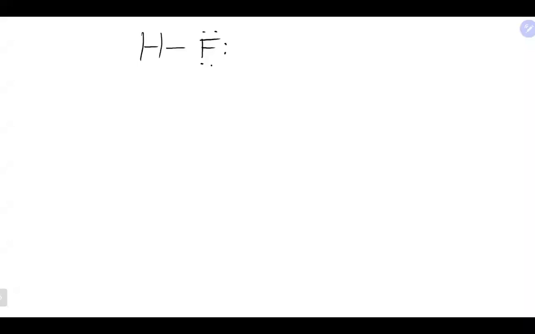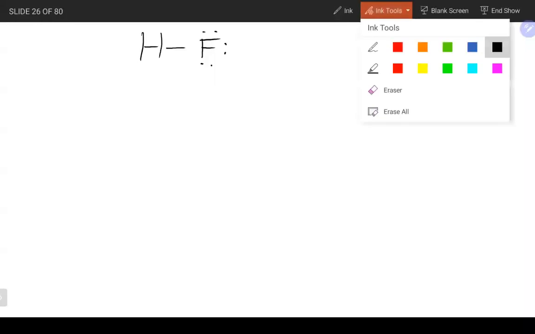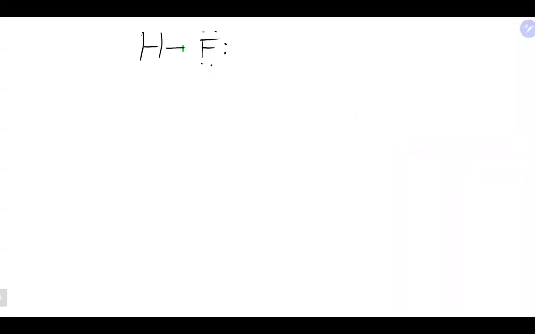It would be the fluorine, yeah? So what we're going to get in this case is, instead of equal sharing of those electrons, because fluorine is more electronegative, it is actually going to drag all those electrons towards itself, and a little bit of it's going to kind of hang out there by the hydrogen side.